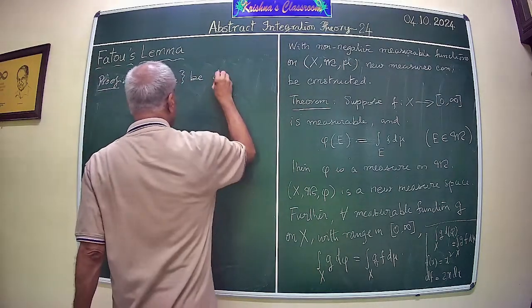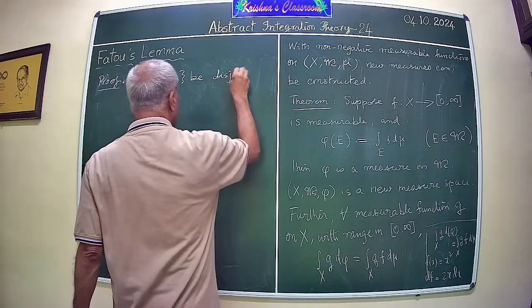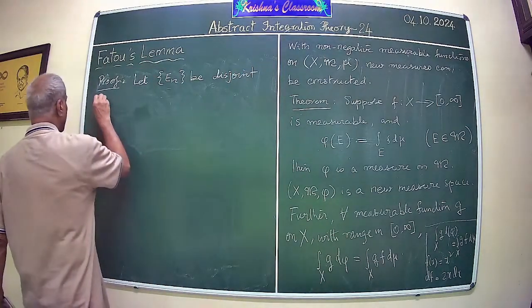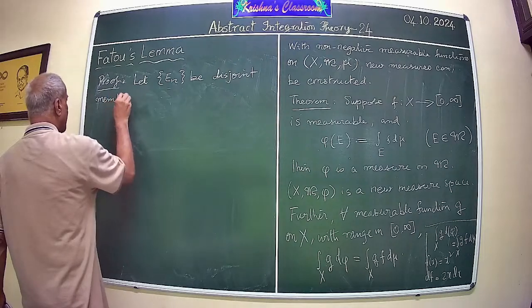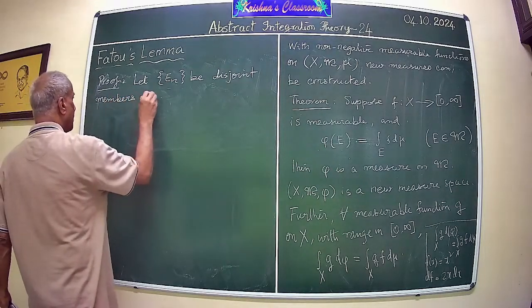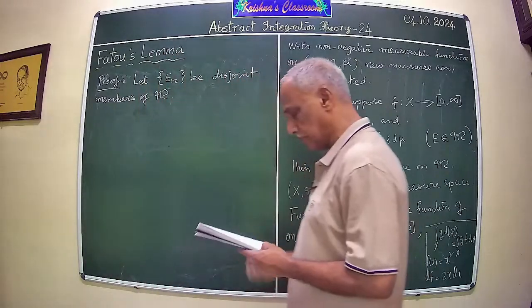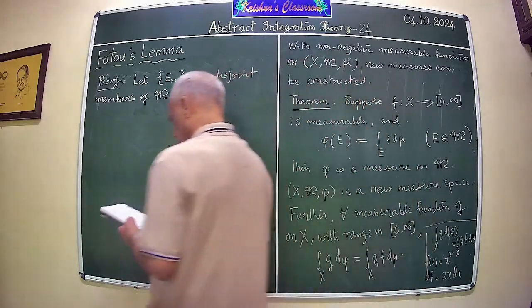Take disjoint sets; they are all measurable sets, but they form a disjoint family.